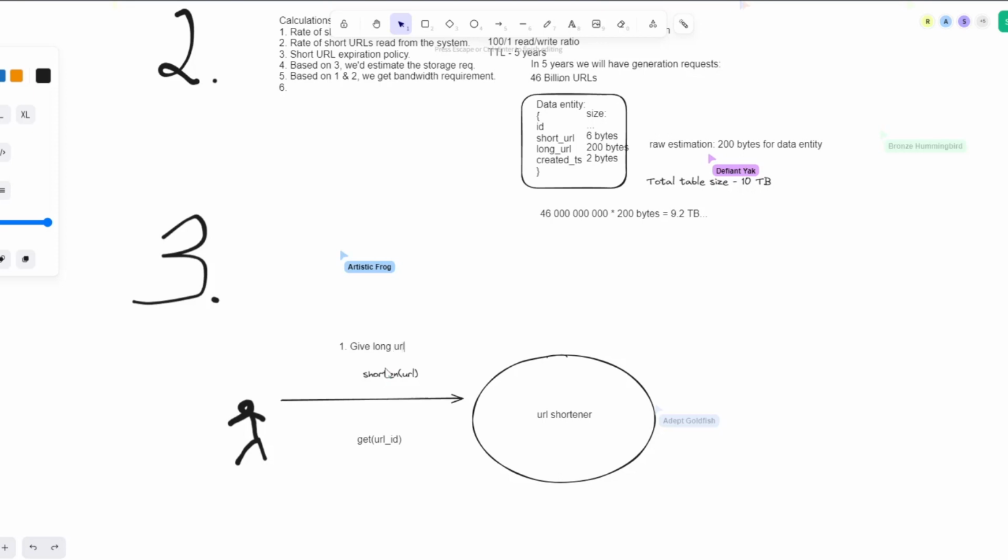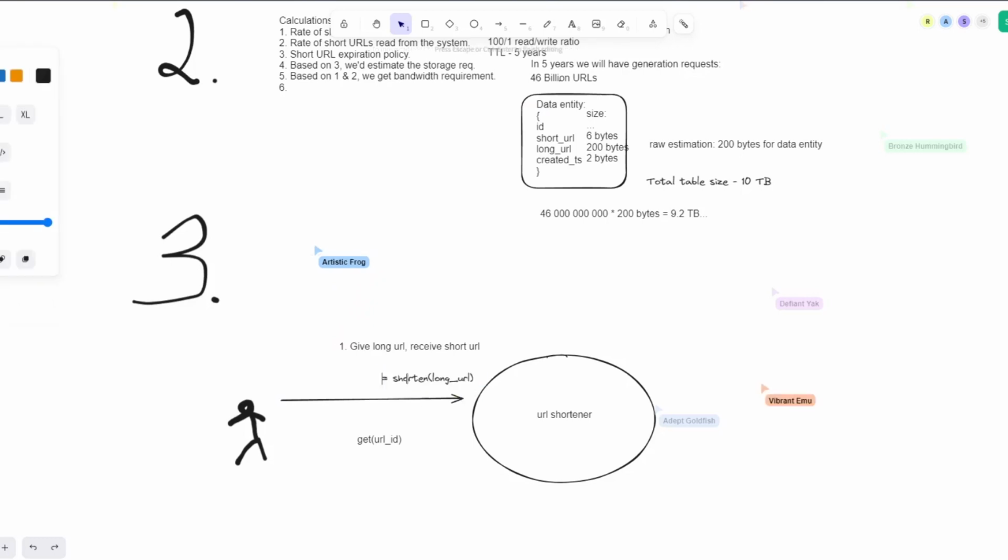Give long URL. Receive short URL. We can write it down in some functional way, like a function call shorten, like you started to write down.